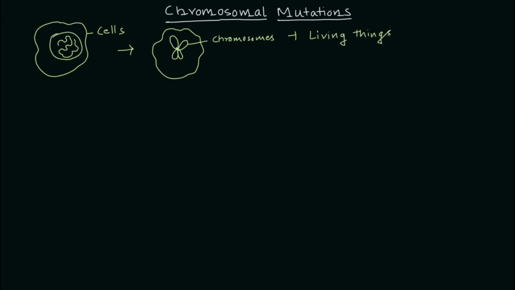DNA is present in all living things. The living things are made up of DNA molecules, and when a DNA molecule gets supercoiled, it forms chromosomes, the condensed structure. And why are they formed? They are formed for the process of cell division.